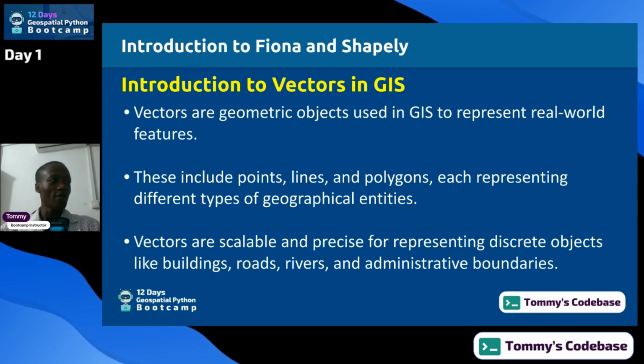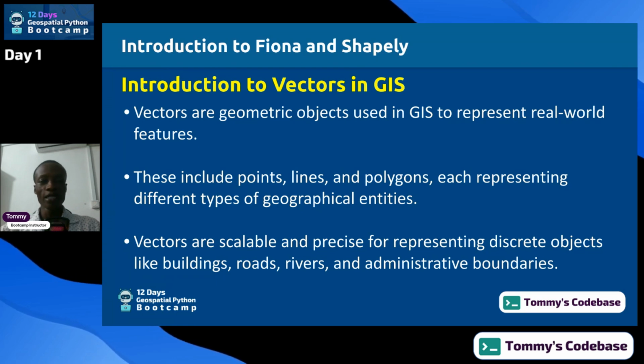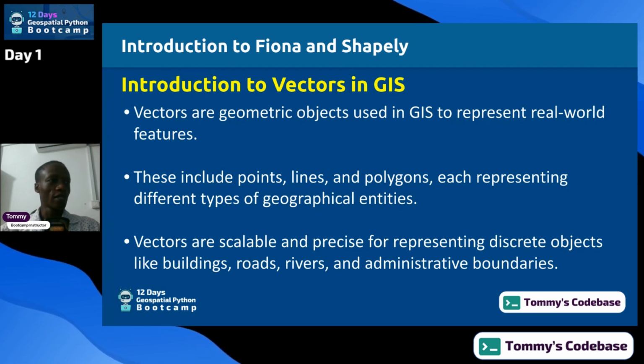Vectors are scalable, lightweight, and very precise for representing even very discrete objects. Buildings may or may not be discrete, but even a single point, like that of a pole, can be represented by a vector to a substantial accuracy. And even very thin and sensitive features like the administrative boundary of countries, you can use vectors to represent that.